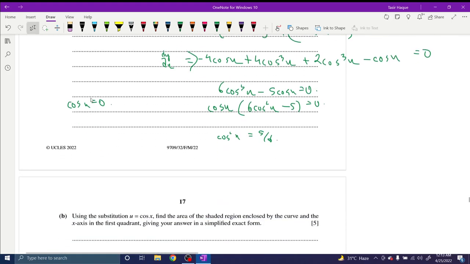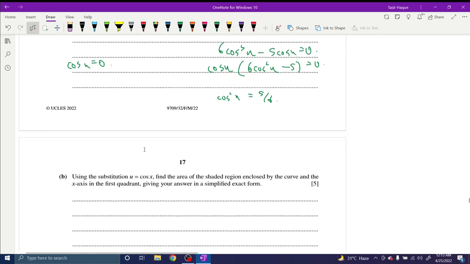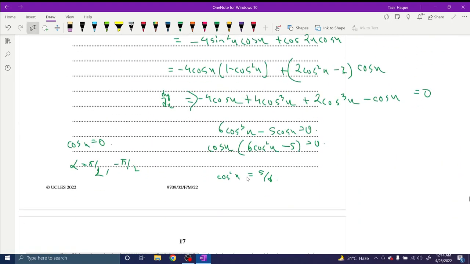So it's not going to be cos x is equal to 0, obviously. Because if you do solve that, cos x equals 0, we're getting pi by 2 and minus pi by 2. So pi by 2 is our minimum point. That solves it for the minimum point. To get the maximum point, we need to equate this. One of them is going to be cos x is equal to plus root 5 by 6. The other is cos x equals minus root 5 by 6. Let's try plus root 5 by 6.